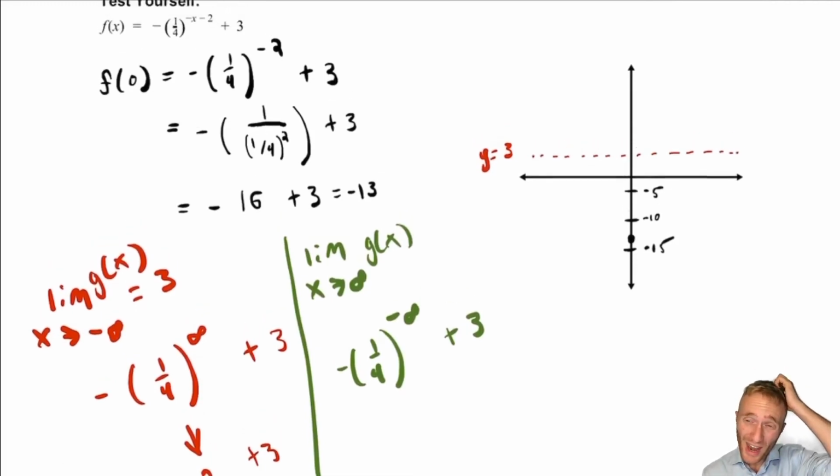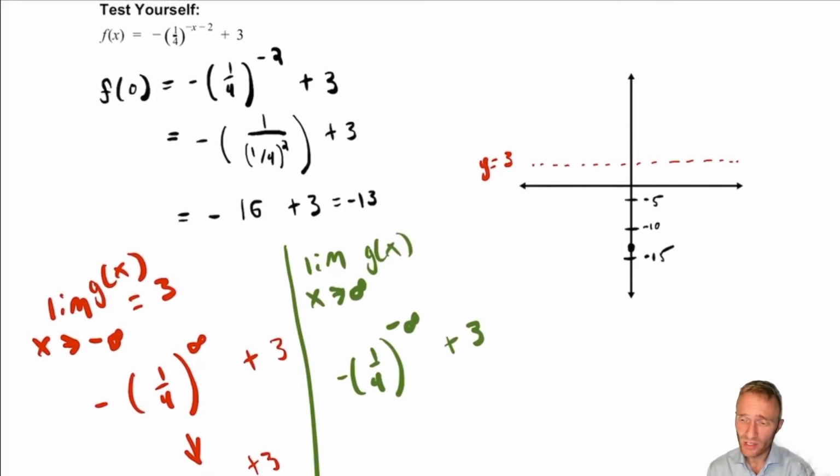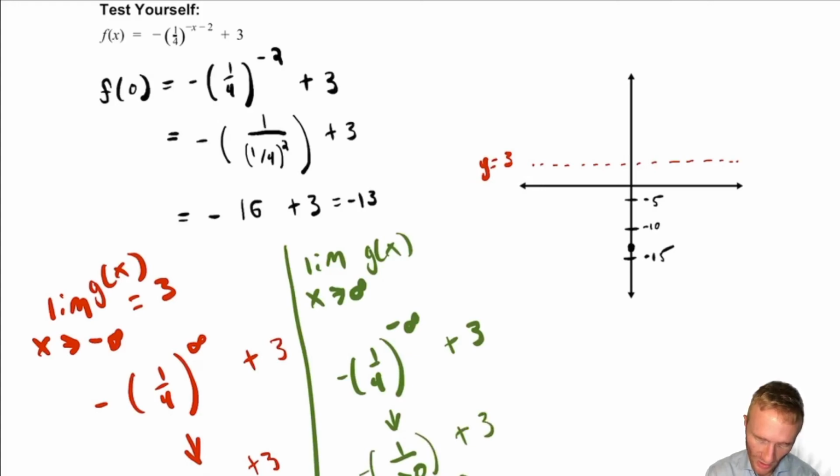So 1/4 to the negative infinity has to be infinity because it's 1 over that thing that is approaching 0. So again, this is heading towards 1 over, I'm going to do some made up notation here, a number that's heading towards 0. So we actually have here negative that thing plus 3. This thing is heading towards infinity, so we have negative infinity plus 3. Now who cares about the plus 3? Our limit to the right is negative infinity.